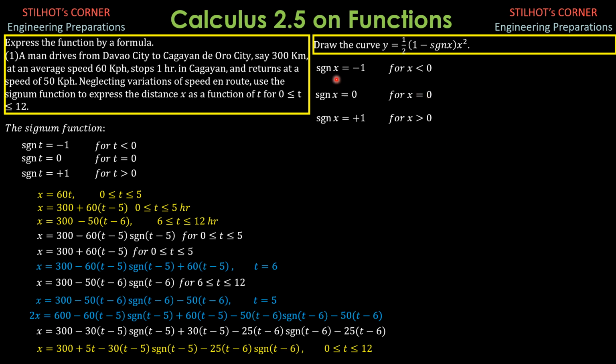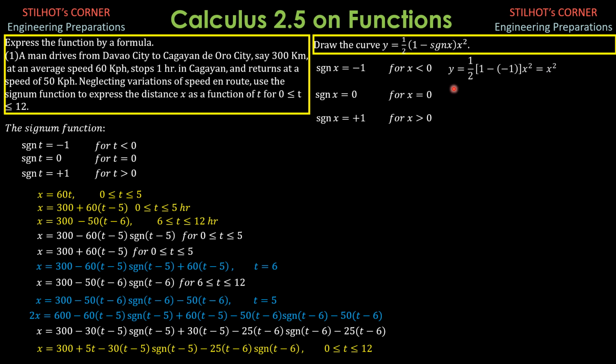Therefore, for this case, when x is less than 0 or negative, then sgn x is replaced by −1, then it becomes y equals 1/2 of (1 − (−1)) times x squared. Since 1 − (−1) is 2, divided by 2 is 1, so it reduces to x squared.